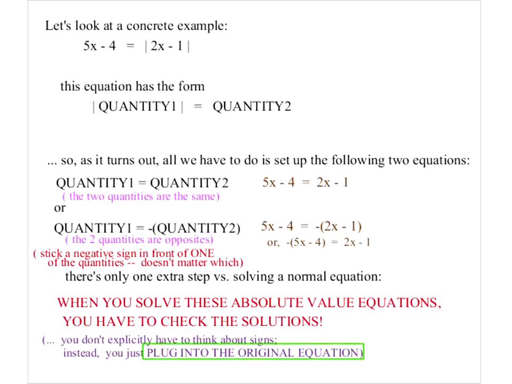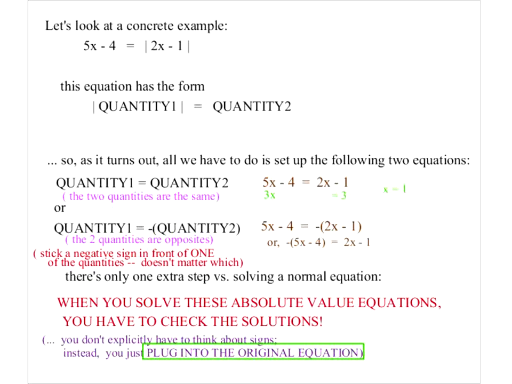So let's go through that for this particular equation and then show you an example. If we solve this top equation, you can subtract 2x from both sides. That'll give you a 3x over here. And then you can add 4. That'll give you 3.